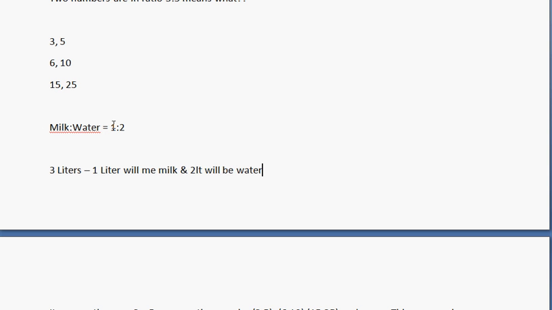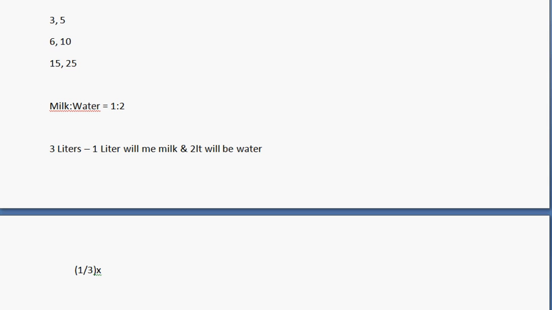So now if there is X amount of solution, then milk would be what? Milk would be 1/3 of that X. If there is X liter, so 1/3 of that X would be milk, and 2/3 of that X would be water.